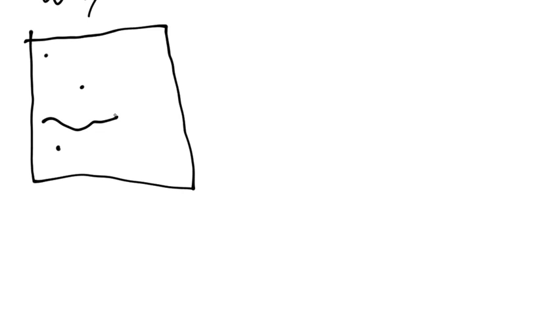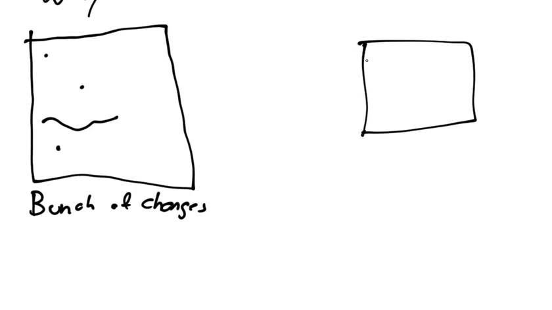So, we're going to make a bunch of changes. There's no formal name for this, so we'll just call that a bunch of changes. And then we're going to have our OSM server here.